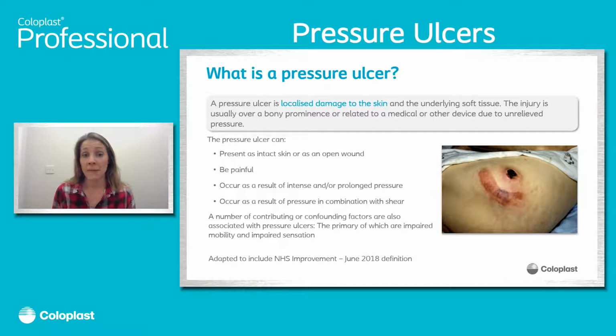It's likely to be painful for our patient and is going to result from an intense or prolonged period of pressure over a bony prominence. And that may be in combination with shear or shearing forces. And we'll come on to that in a little more detail a bit later on.